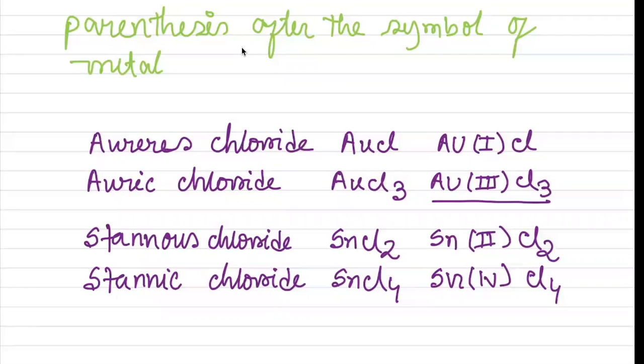Then stannous chloride, SnCl2. Stannic chloride, SnCl4: here Sn, that means tin, is in +4 oxidation state. That's why after the symbol of tin, in brackets, we have to write +4. Clear? This is known as Stock notation.